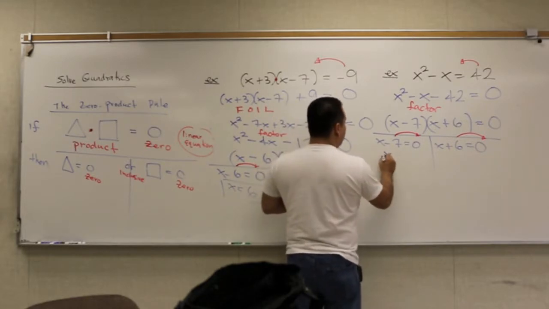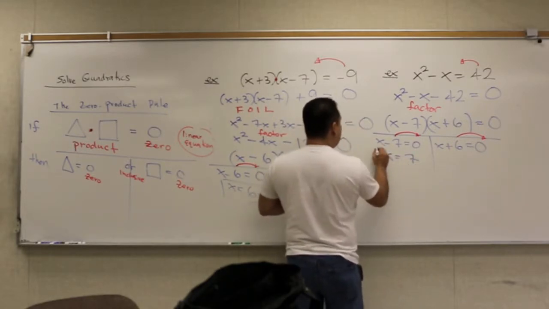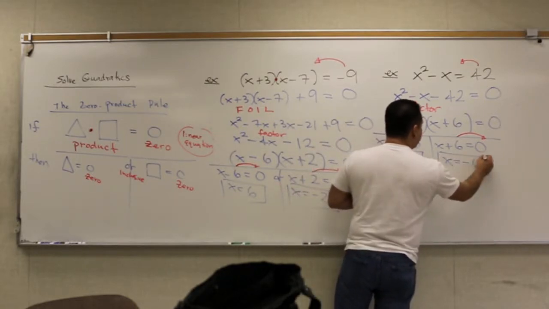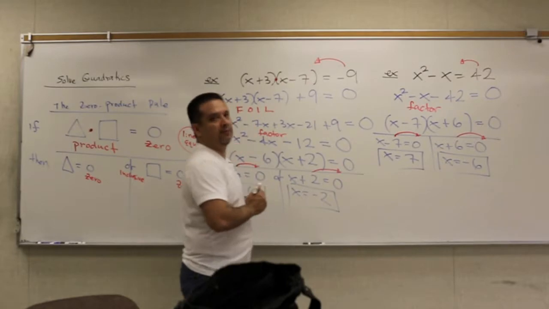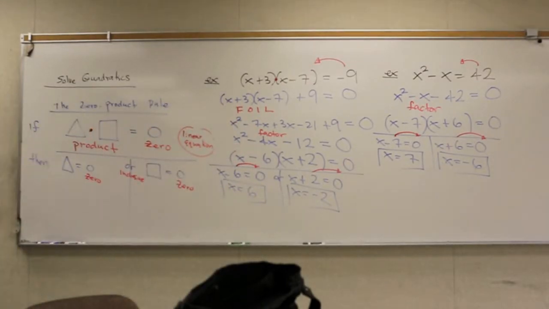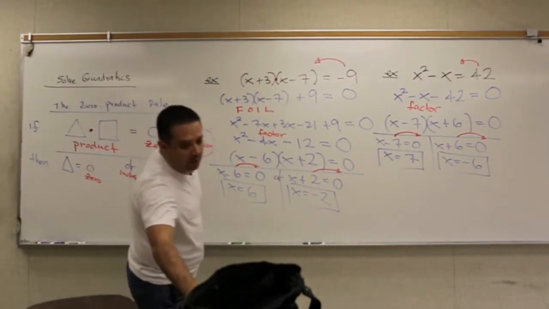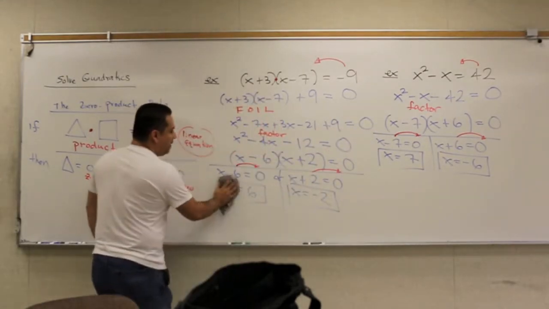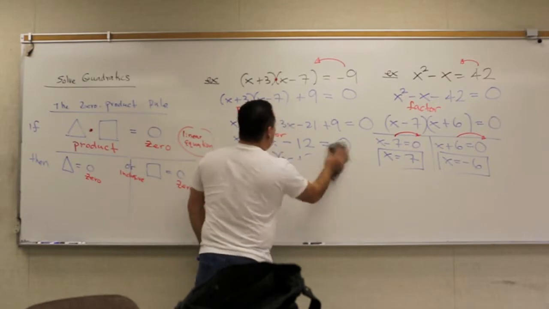X will be what? 7. And x is what now? Negative 6. Double check if that's clear. Okay, anybody have any questions on this one here? Nope, you okay? All right, let's do some more.